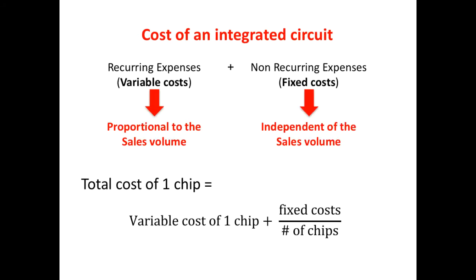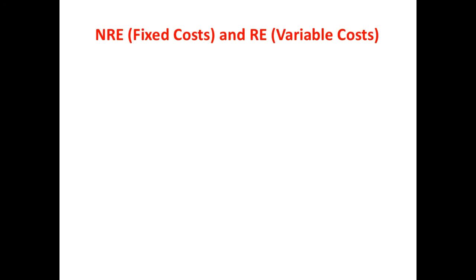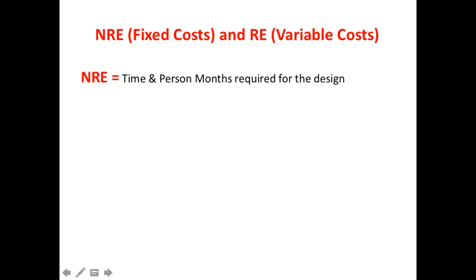Okay, now let's look more in the details of what are the components of the recurring and non-recurring expenses. And so NRE means non-recurring expenses and RE means recurring expenses. So I mentioned the design costs are a non-recurring expense, so the time and the person months required for the design, of course that is a cost that can be pretty huge, especially for the teams that I mentioned of 1,000 people for a few months.